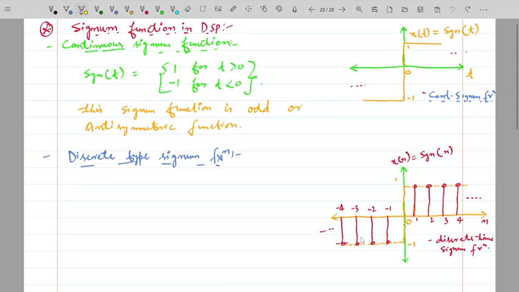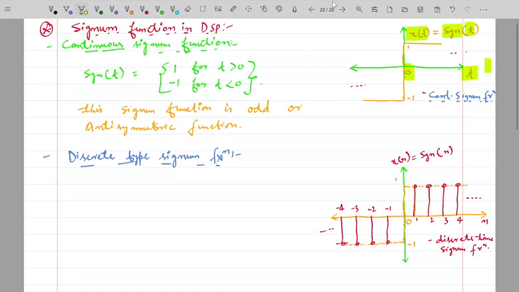So here x of t represents the signum function, SGN of t, where t is the continuous time signal. This is the origin 0, going to infinity.